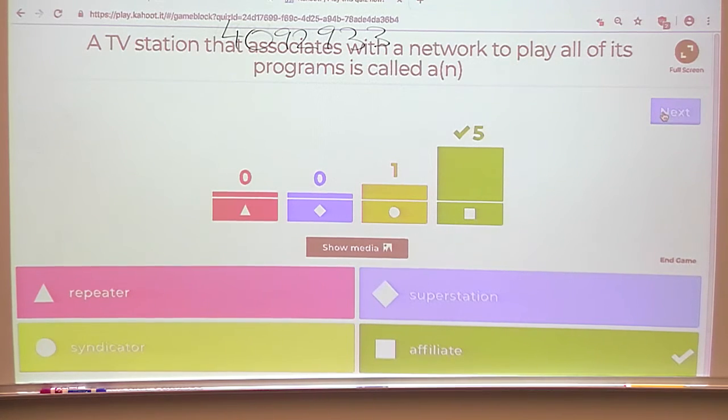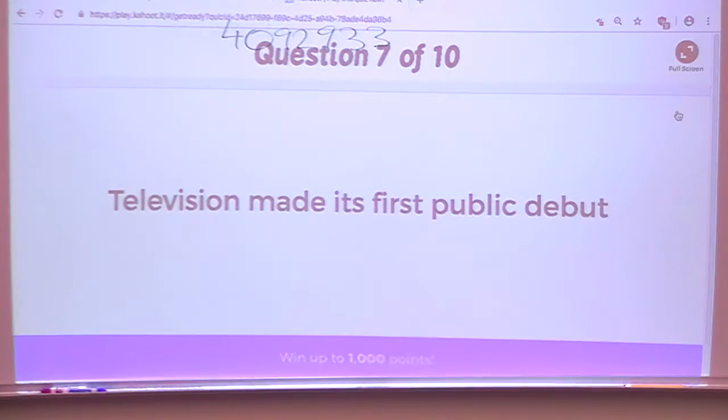Clearance means that the affiliate promises to play all of the programs that the network gives to it. Even if you're an affiliate in some very conservative state and you're getting programming out of New York which is a little bit racy, you still signed a clearance agreement. That means you're going to play everything they give you, even if you don't think your audience is necessarily going to like it.